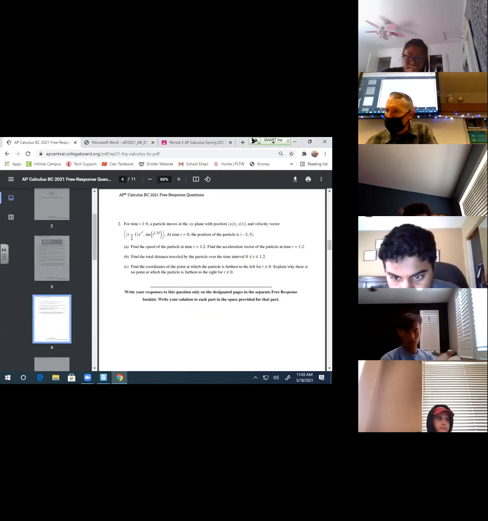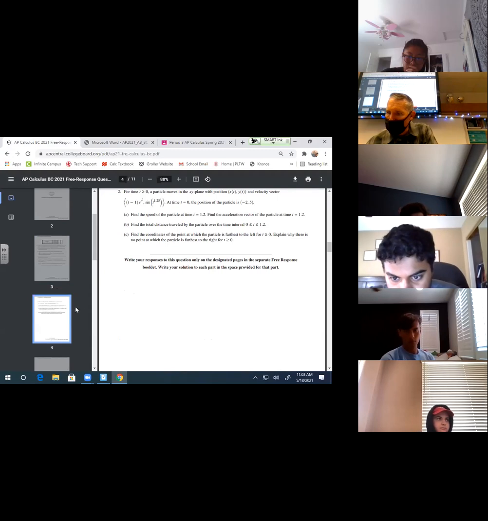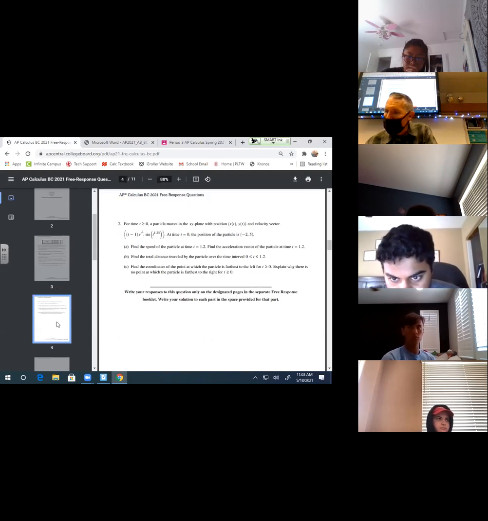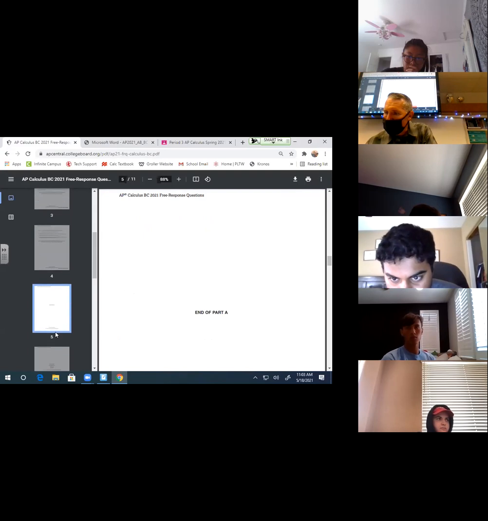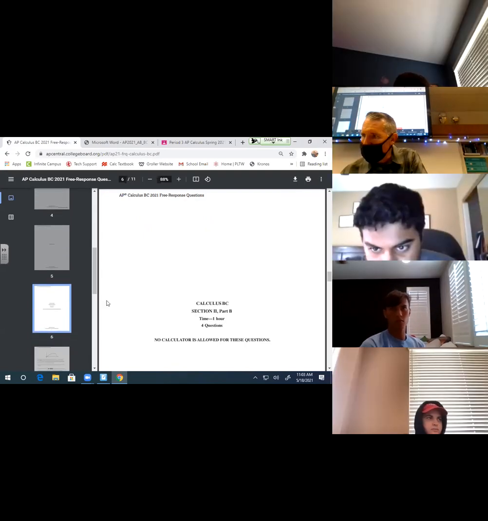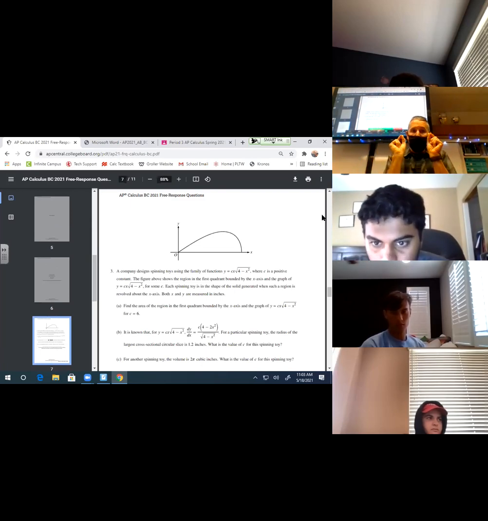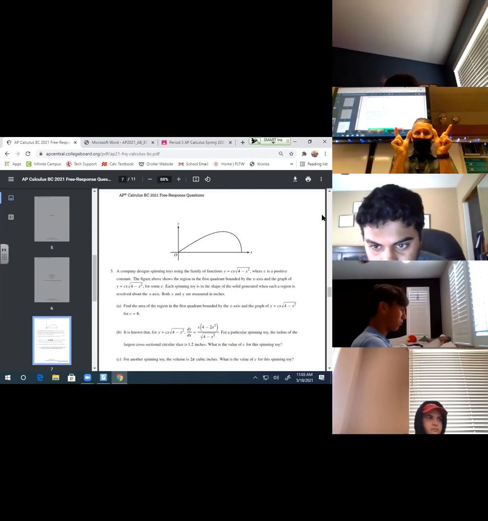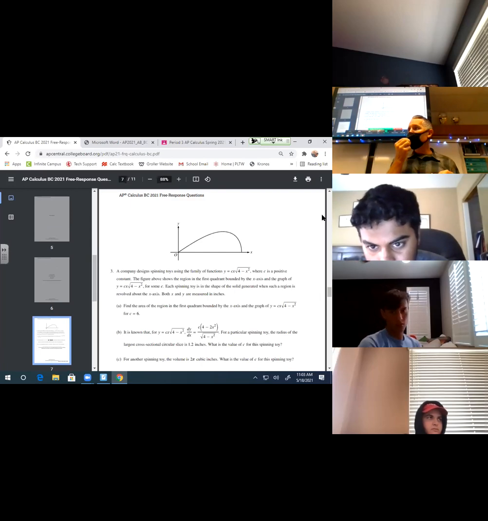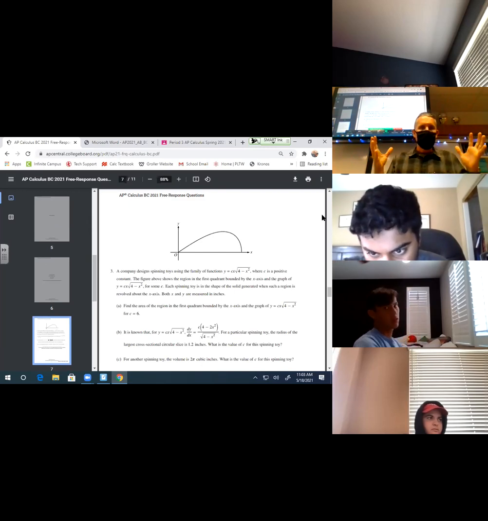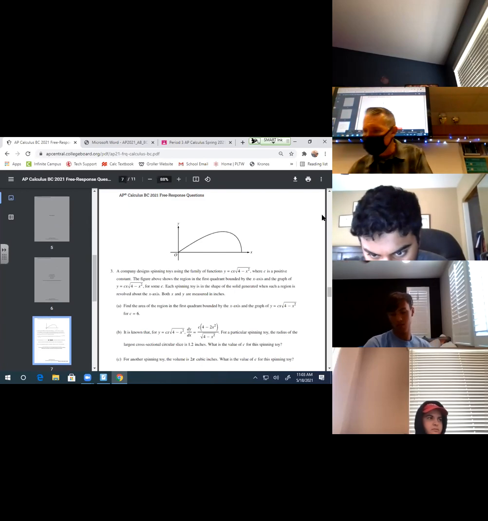Then this was a velocity vector, where you're given x prime of t and y prime of t, and now a graph. So 3 different problems, 3 different ways that they gave you the function or derivatives of the function.